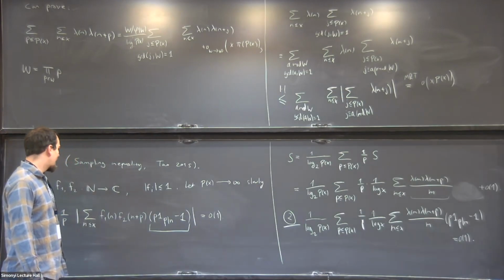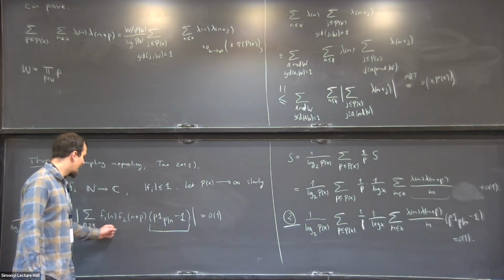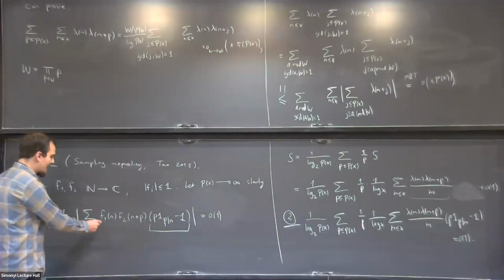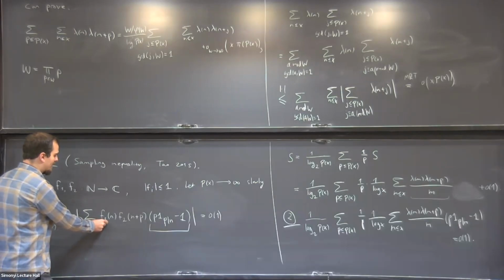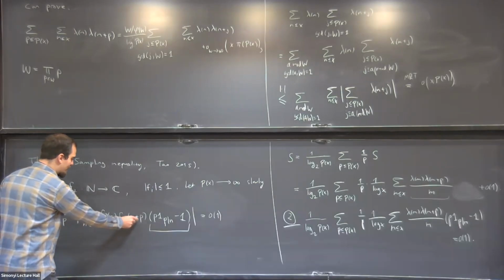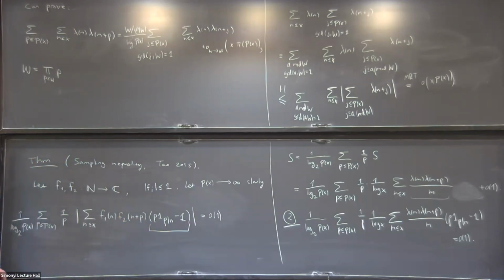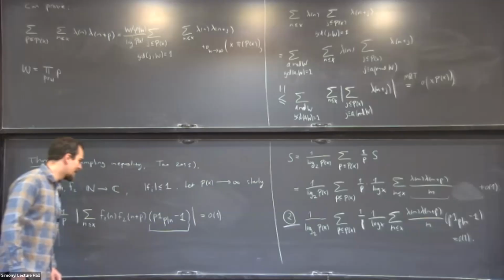But here we have a much more complicated random variable. So I'll tell more in a moment, but you kind of need to understand the full sign pattern of f1 and f2 on the interval from n to n plus p of x. And how that interacts with the p divided n.